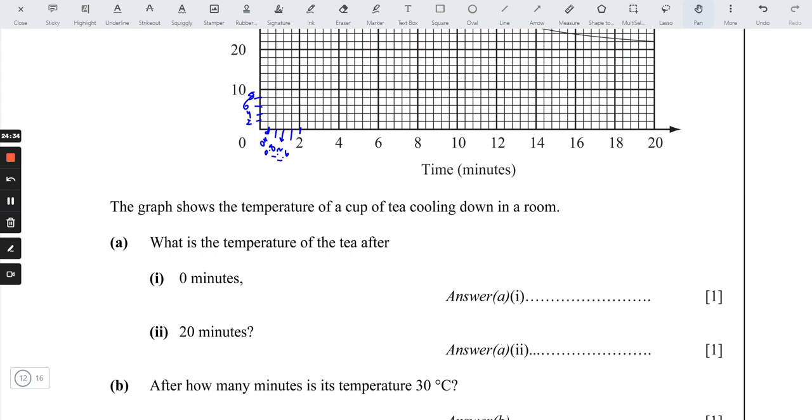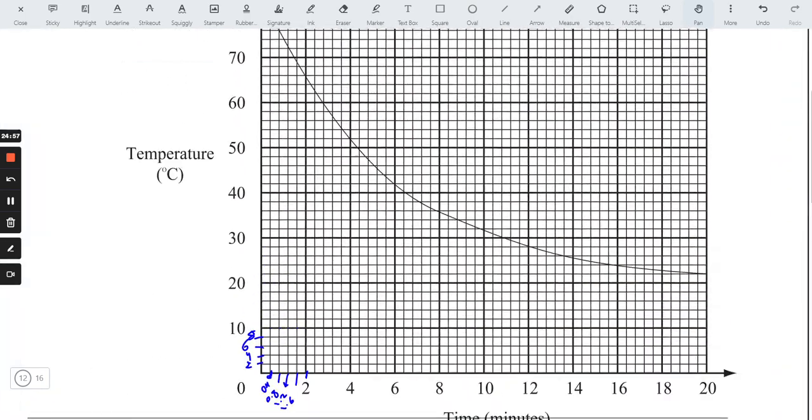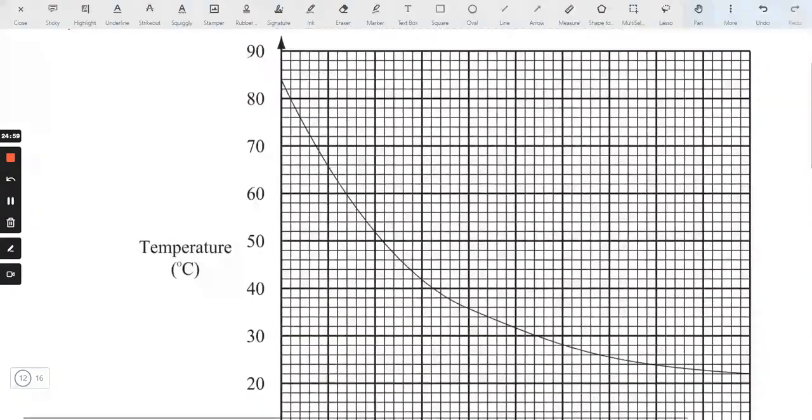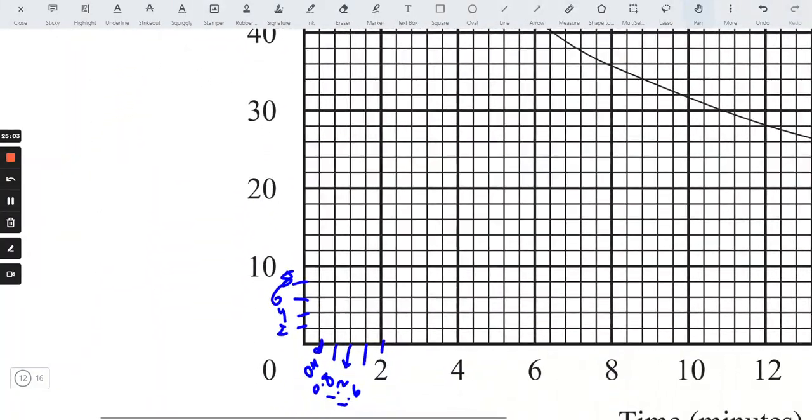The graph shows the temperature of a cup of tea cooling down in a room. So here they are asking us to find the temperature. What is the temperature of the tea after 0 minutes? After 0 minutes, as you can see, this is 0 time.